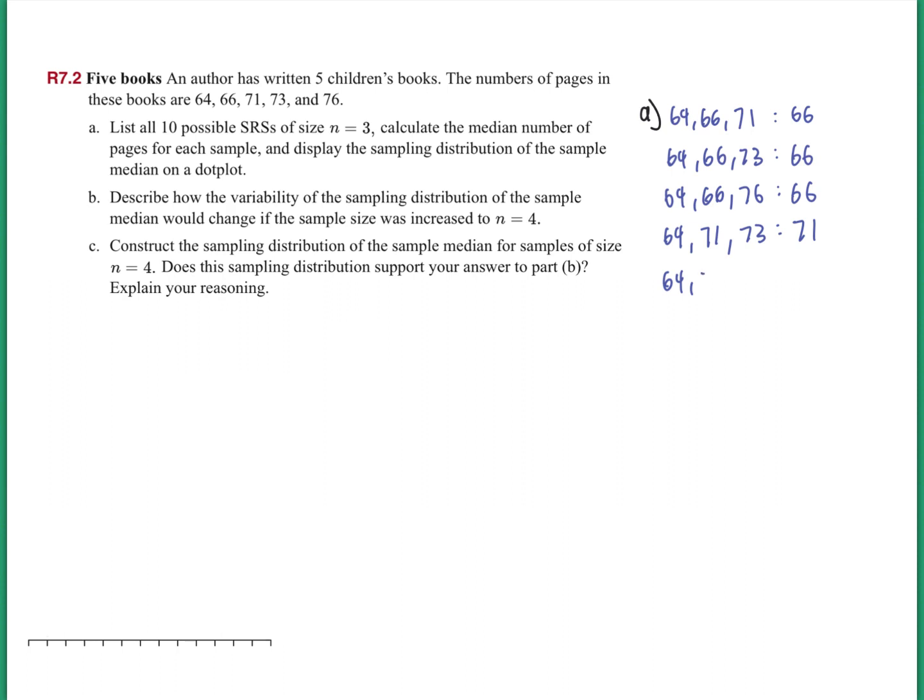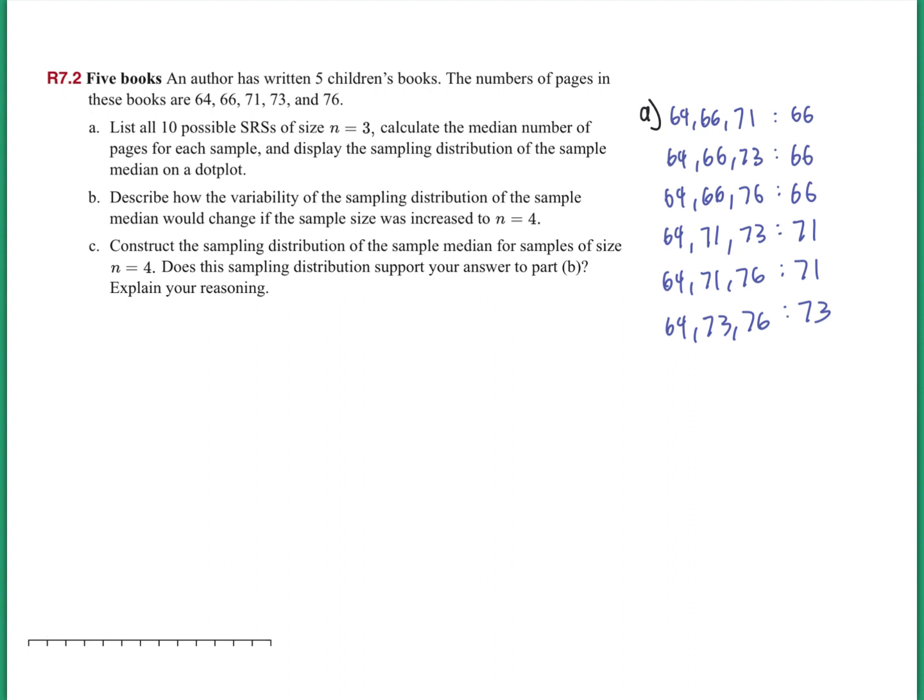Okay, 71. That was 64 and 71, so now we'll do 64, 73, and 76, and that median is 73. Okay, so those are all the ones that involve 64.